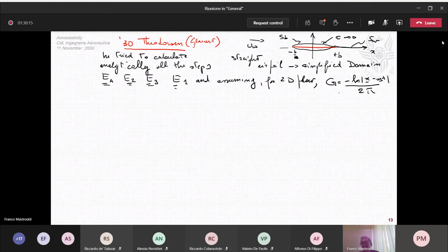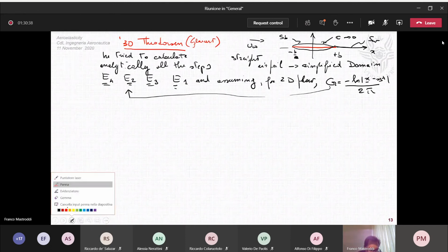This is the elementary source solution, and this is useful for E2, for developing your potential theory with the boundary. You need to know the elementary source solution. So Theodorsen worked on this, and Theodorsen solved this problem analytically.